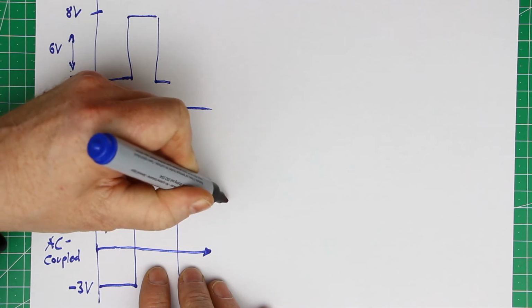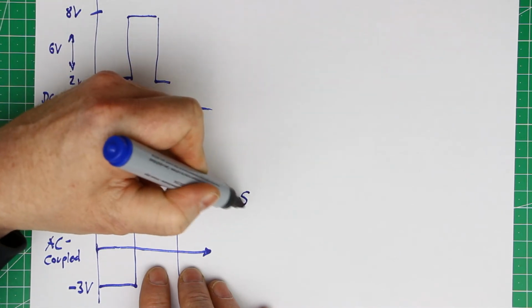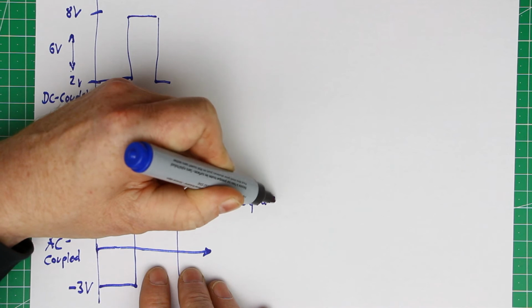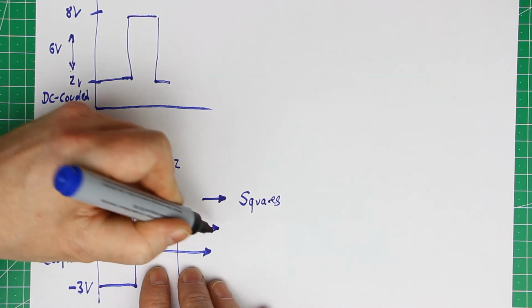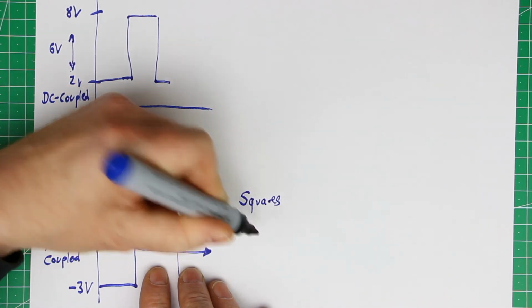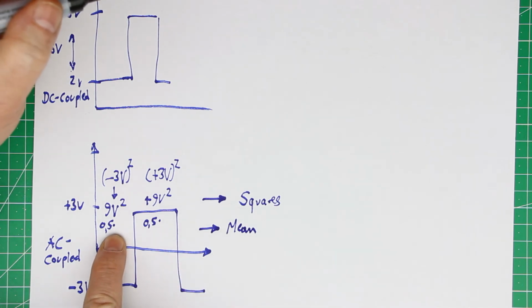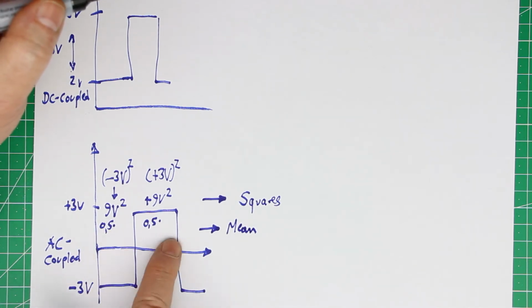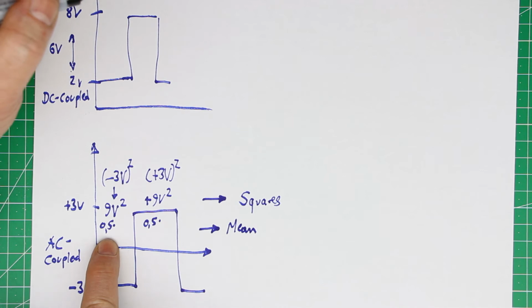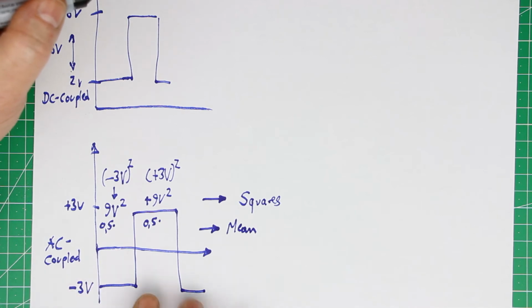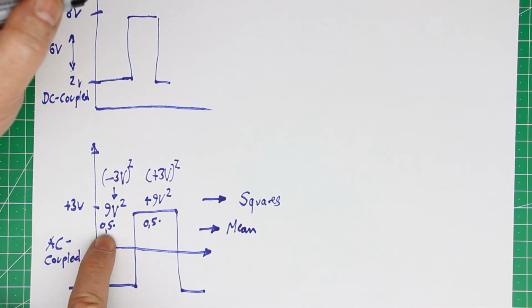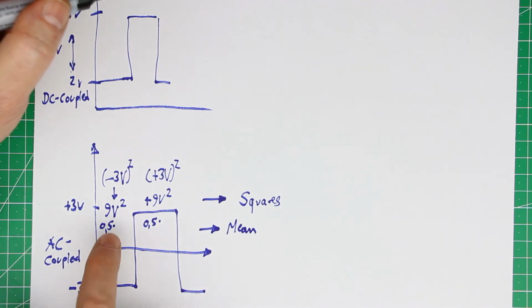We get, these were the squares. Now we take the mean value by adding up the time-weighted squares. Time-weighted means we have to multiply them with the percentage of the time that the signal is at this level.